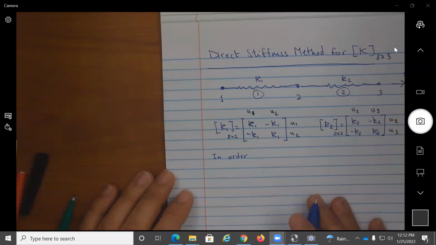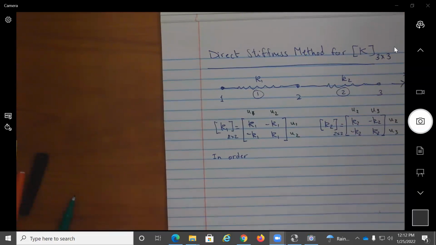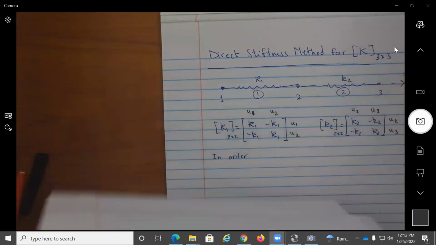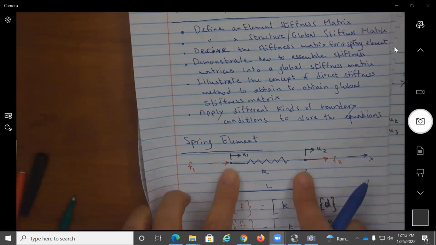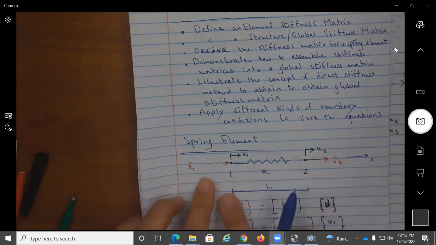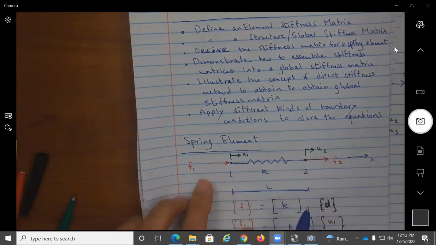And then looking, how do you know these are the number of degrees of freedom? Good question. When I defined my elements, when I defined my spring element, I defined it as a 2-node element, and each node has only 1 degree of freedom.